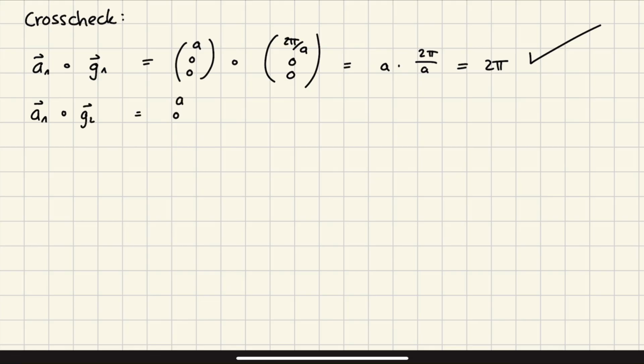So we have (a, 0, 0) times (0, 2π over a, 0). And if you know how the dot product works, you can instantly see that this is 0, because a times 0 is 0, plus 0 times 2π over a is 0, plus 0 times 0 is 0 as well. So this is 0, and exactly what we expected.